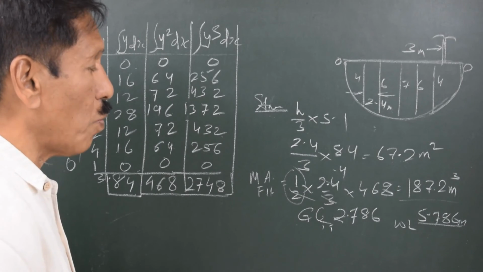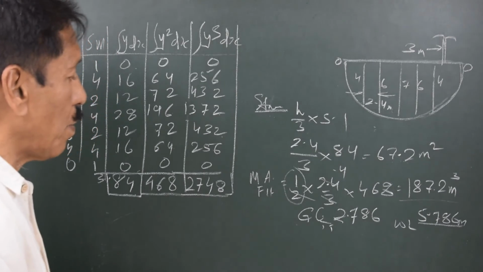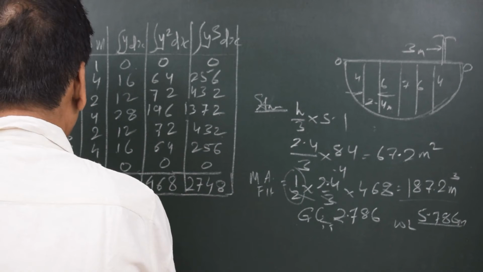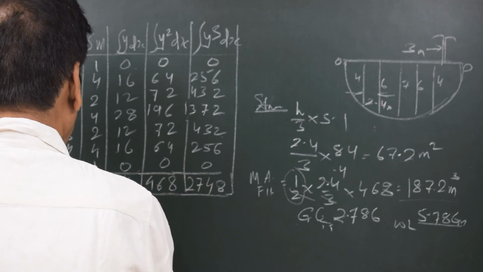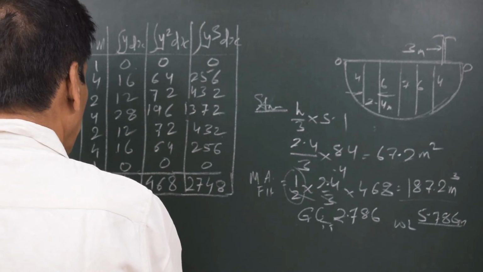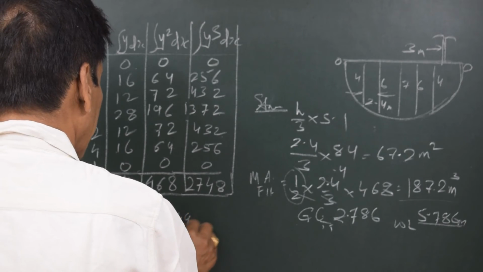Next we are going to find out the moment of inertia about the water level. So first, moment of inertia about the tank top is equal to h by 3 into sum 3, that is 2748.